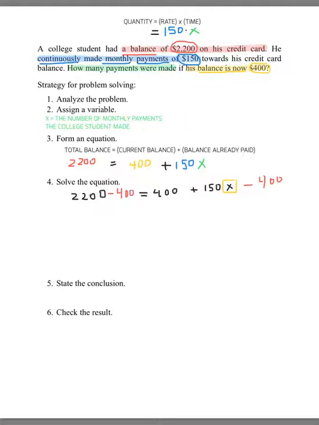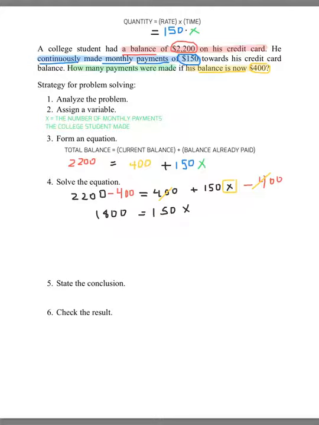So on the right hand side, the positive 400 minus 400 simplify out, and we're left with 150x. And then on the left hand side, once you carry out the subtraction, we end up with 1,800. And feel free to verify that.